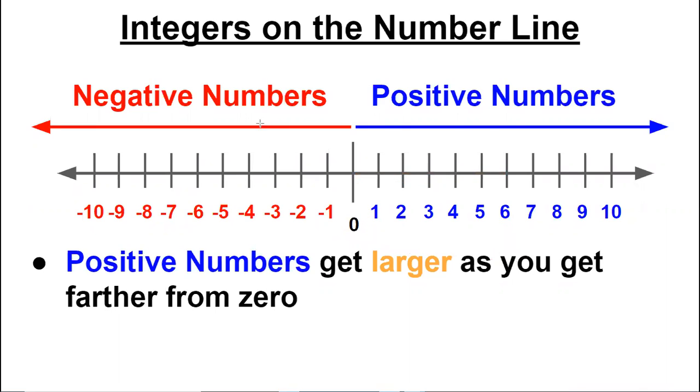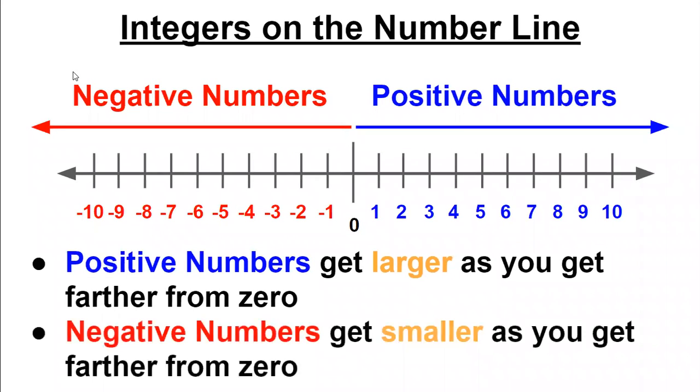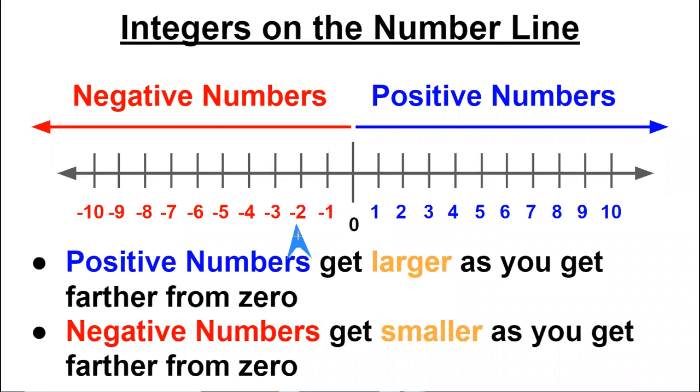Okay, what about negative numbers? What happens with those? Negative numbers get smaller as you get farther from 0. So let's say we are at negative 2. That's pretty close to 0, only it's on the other side of 0, right? And let's try negative 10 here.